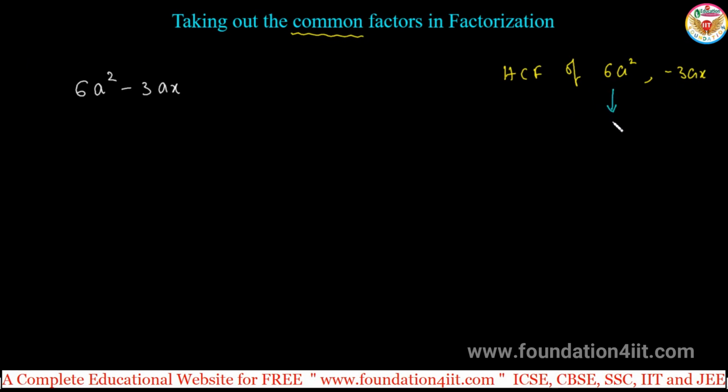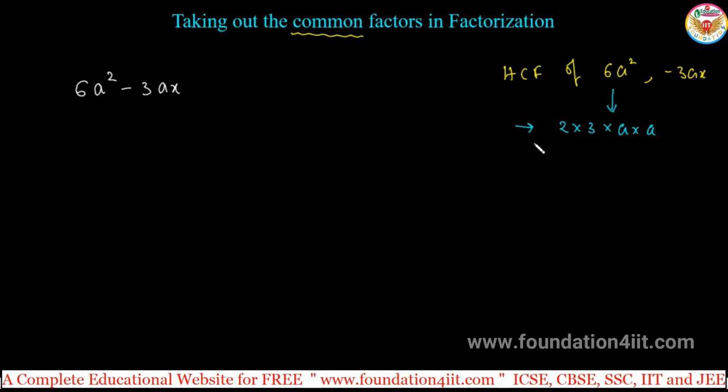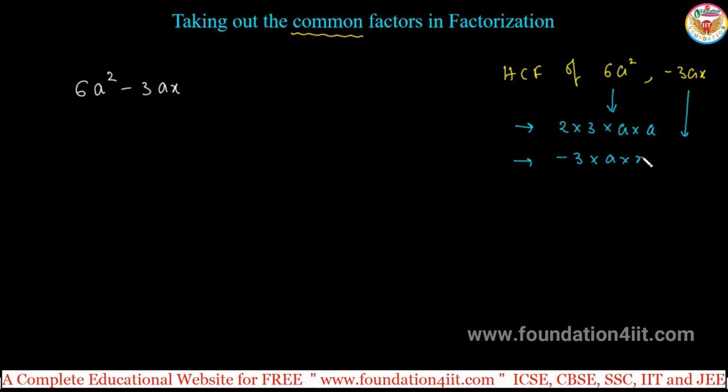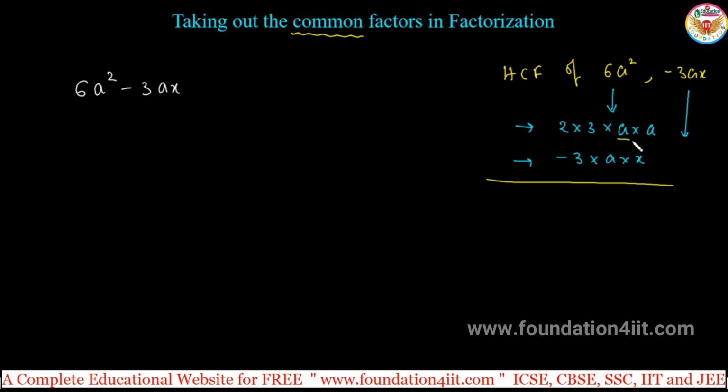When you come to 6a square, 6's factors are 2 times 3, into a square, so a into a. 6a square we can split like this. And the second one, minus 3ax, is minus 3 into a into x. Now in this, a is the common factor here and here.